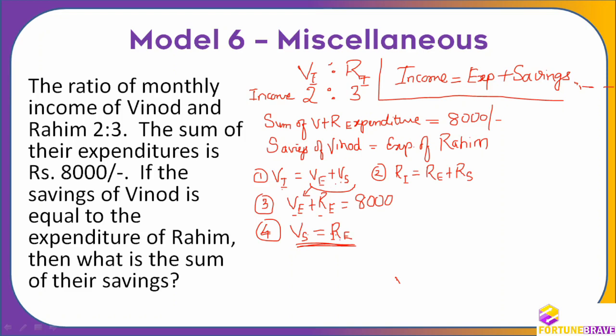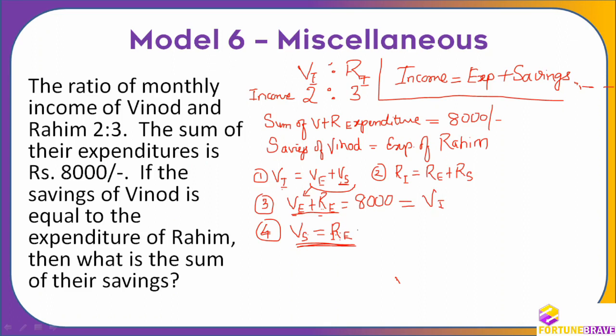When I do this, instead of Vinod savings I put Rahim expenditure, which they have given. It will become what? Vinod expenditure plus Rahim expenditure, which is what they have given: the sum of their expenditures is rupees 8,000. So this becomes what? Vinod's income.